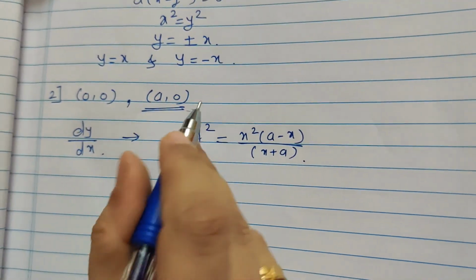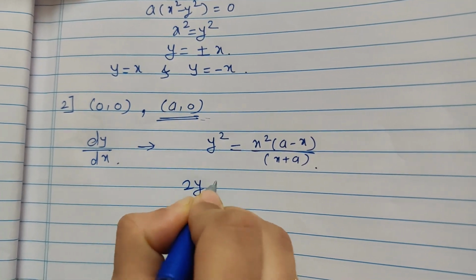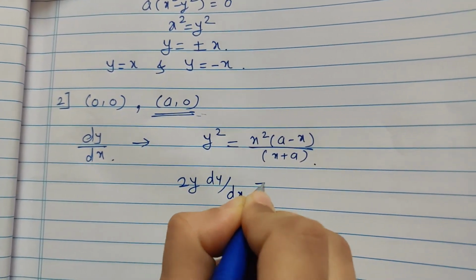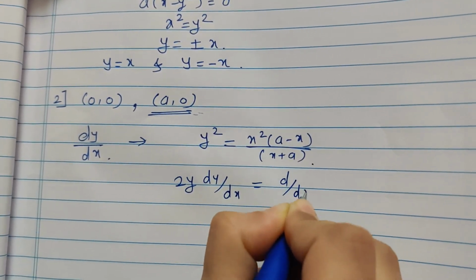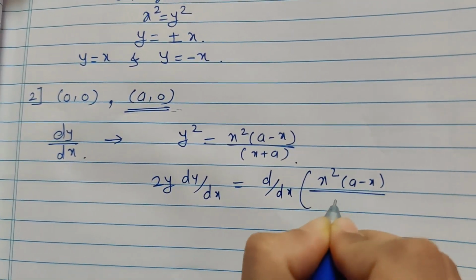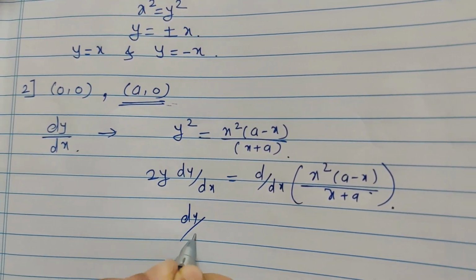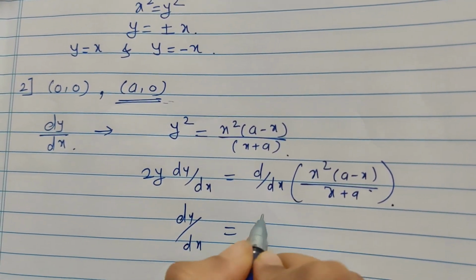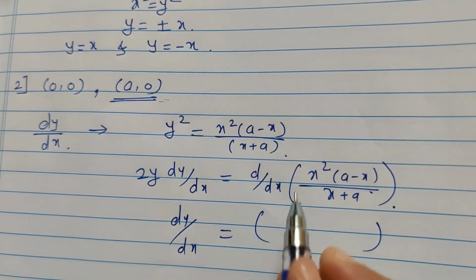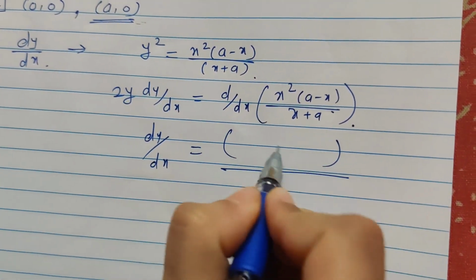So differentiate this with respect to x. So what will we get? 2y dy by dx is equal to the derivative of this term, x squared (a minus x) over (x plus a). So dy by dx is equal to the derivative of this numerator divided by 2y. Okay, don't calculate this.